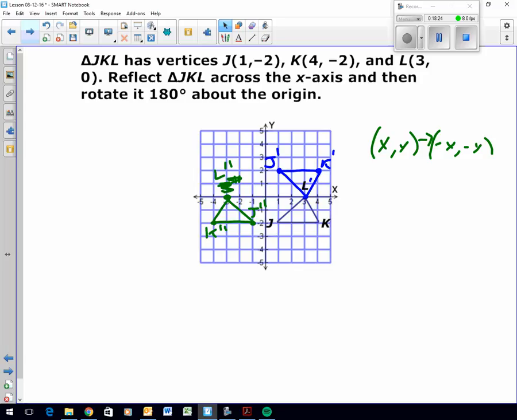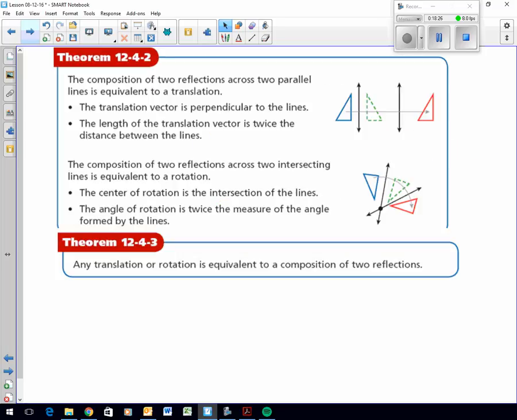Hi guys, I'm going to tell you what you need to write down. I want this part in your notes. First part: the composition of 2 reflections across 2 parallel lines is equivalent to a translation. Check it out.